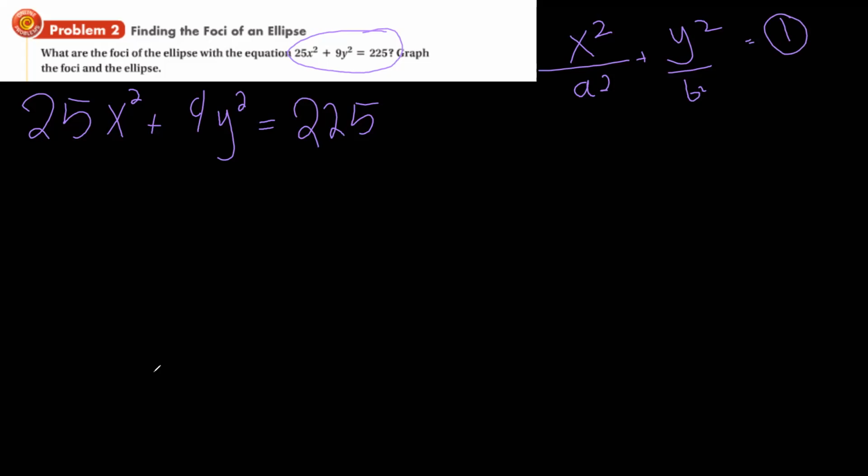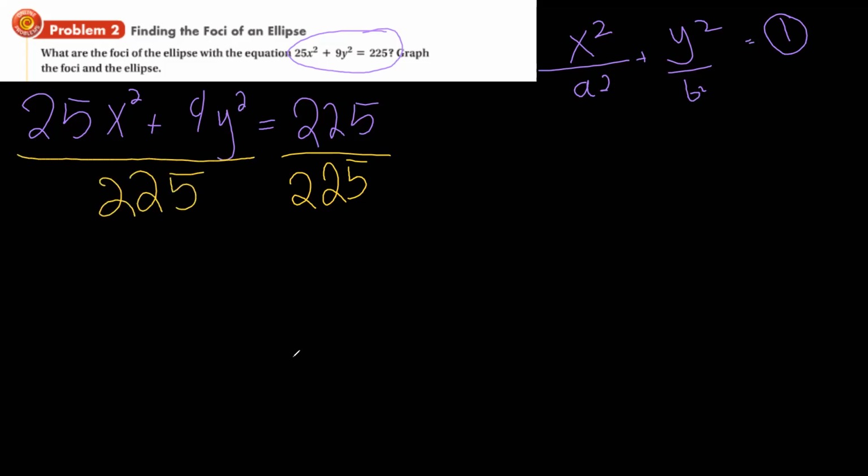By dividing by 225. Is it right? Yeah. If I divide 225 by 225, I have 1. And since I divide the right term, I must divide the other terms. Let's divide it here also by 225.